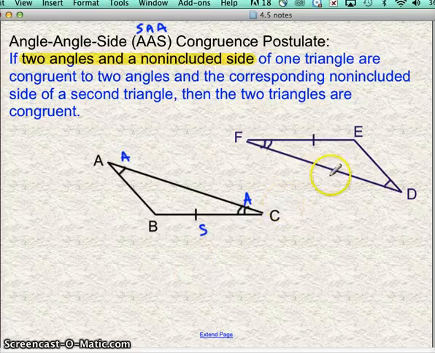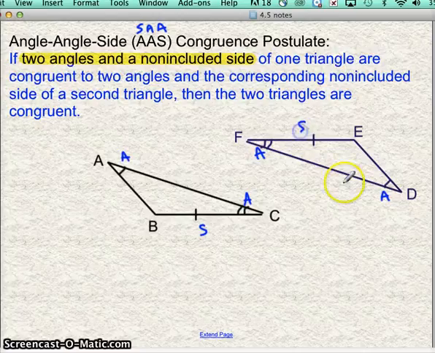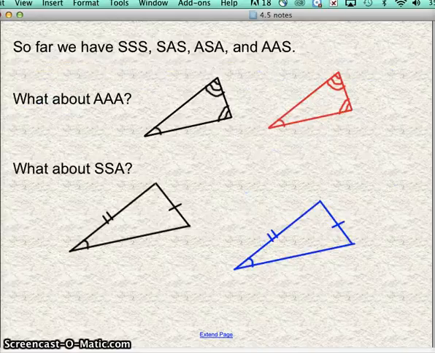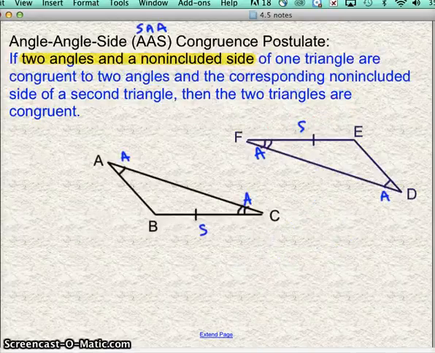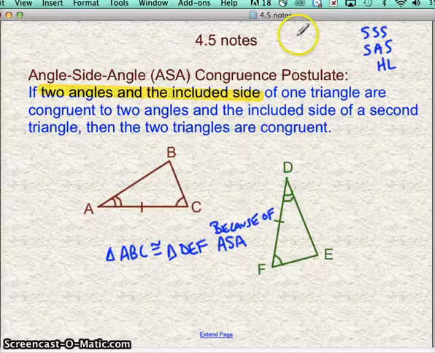Okay, two angles with the side not in between. If I have that on both triangles, so again, here I've got angle, then to the next angle, then to the next side. If I have that on two triangles, then they're congruent. Okay, wait a second. Going back now to the very first page, we just added on angle, side, angle, and angle, angle, side.